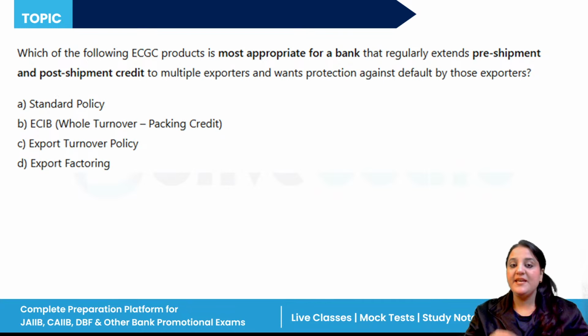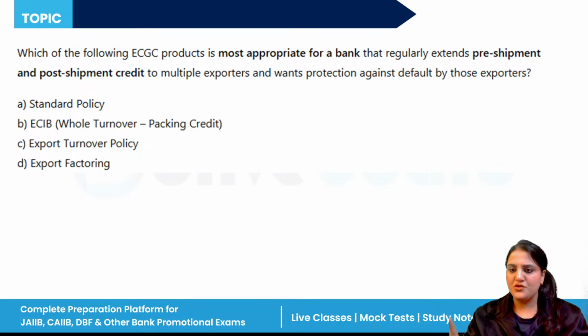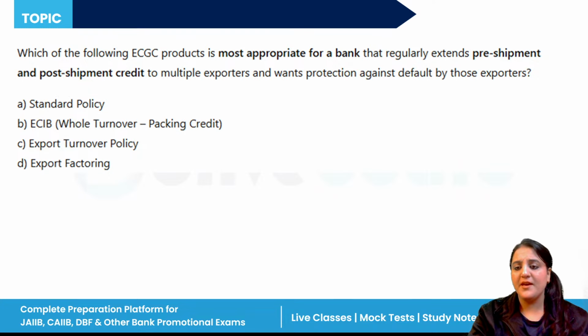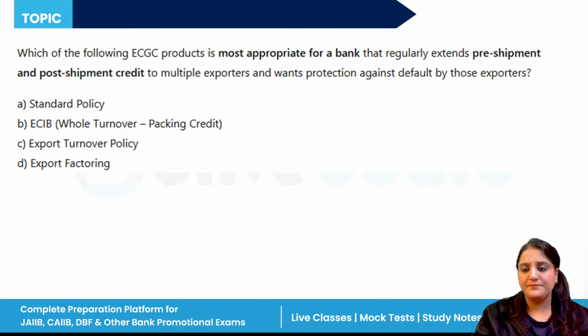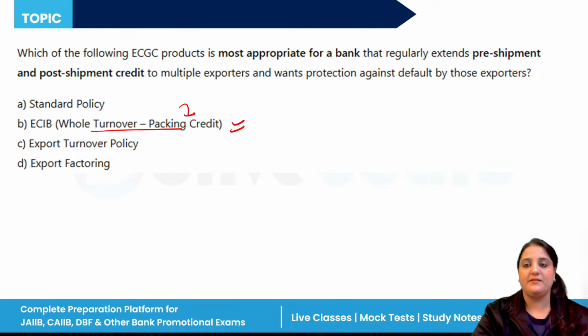So basically it protects the banks against default in post-shipment credit. This whole turnover concept means that cover applies automatically to all the eligible accounts without the need for case by case approval. So that's why we can say ECGC whole turnover packing credit is the correct answer, right?